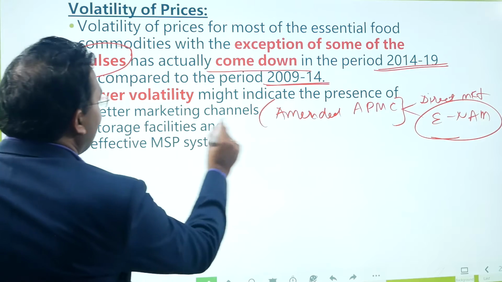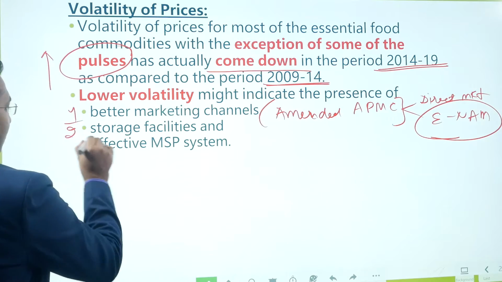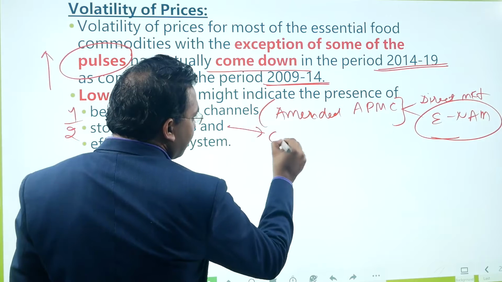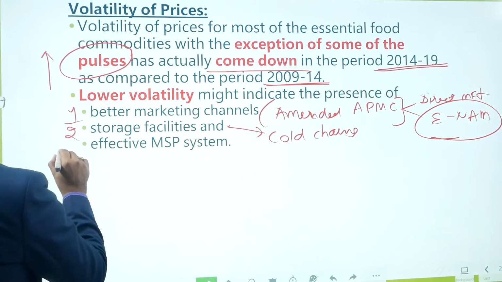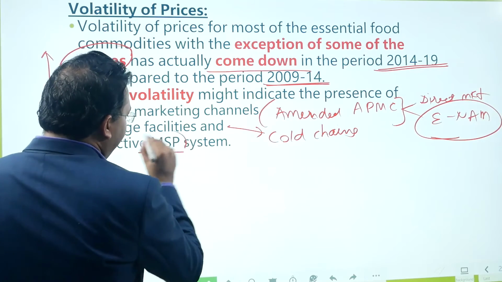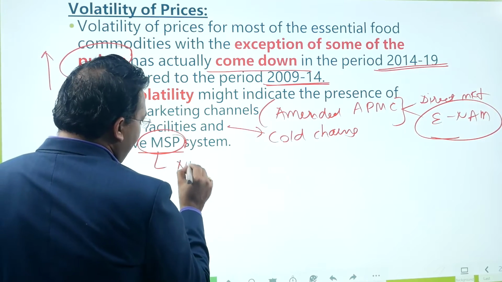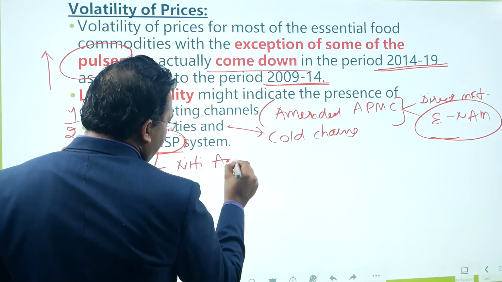So these marketing channels have been improving. Storage facilities, for example, cold chains. Third, effective MSP system. So on the recommendation of the NITI Aayog, we have been improving the MSP system.